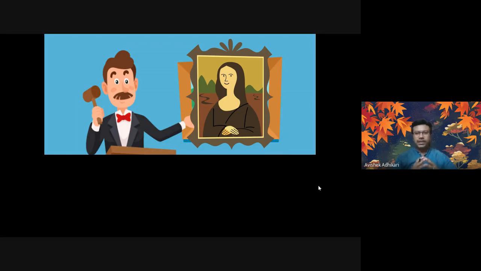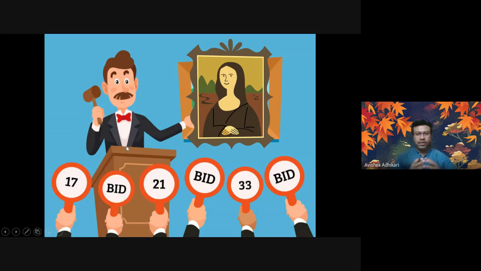In Hindi or Bengali we call it nilami. Many people want to buy this famous photo. Nowadays people do this kind of bidding online, so many people will participate online.